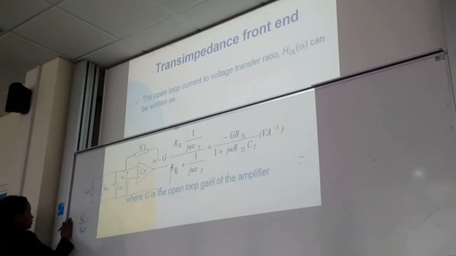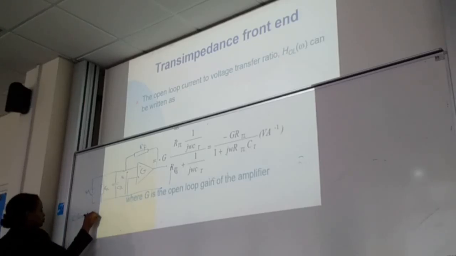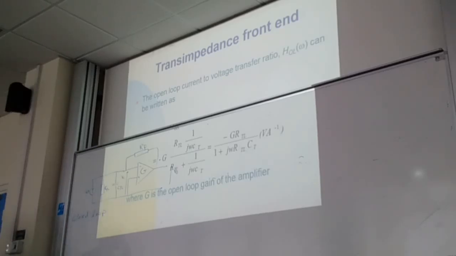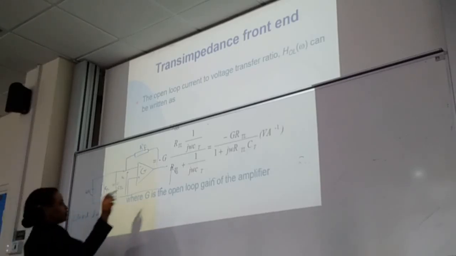So now for closed loop. First, let's figure out how the current will flow here. Which is higher, V out or V in?